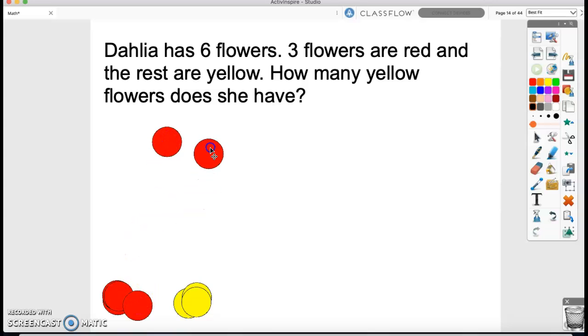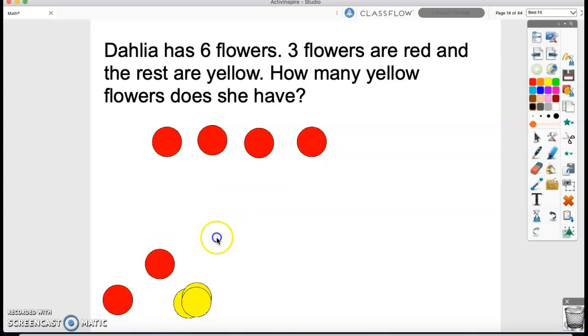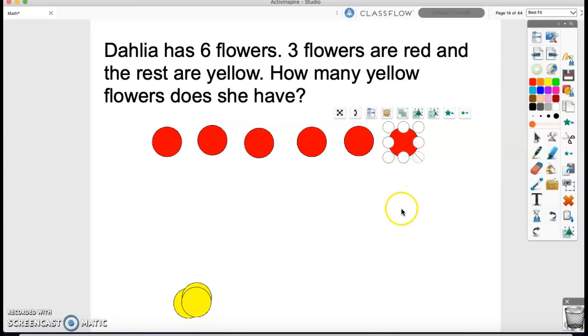1, 2, 3, 4, 5, 6. Think about what we need to do next. The next part of our problem says 3 flowers are red.